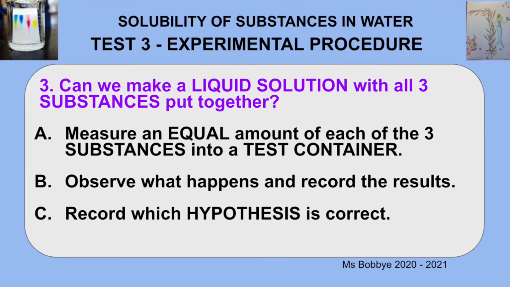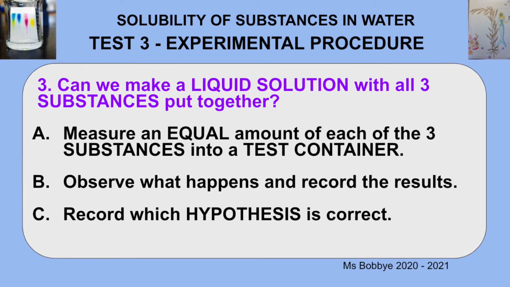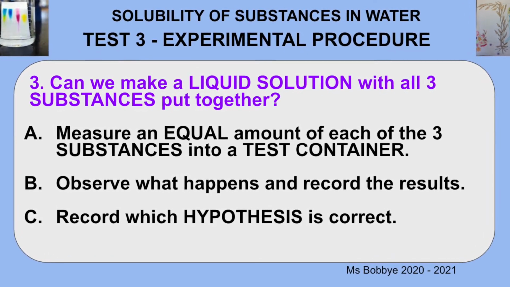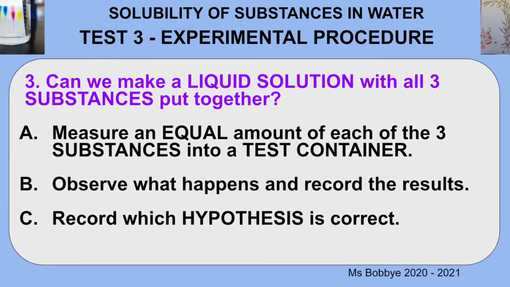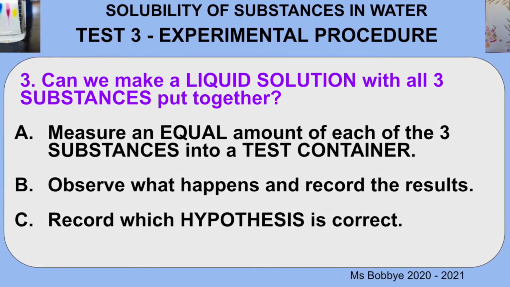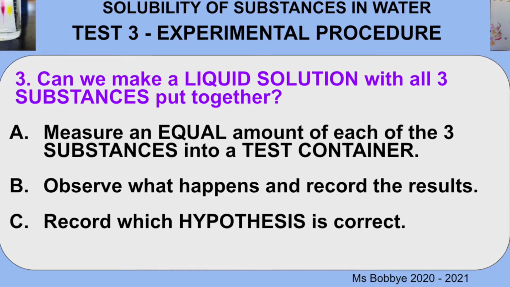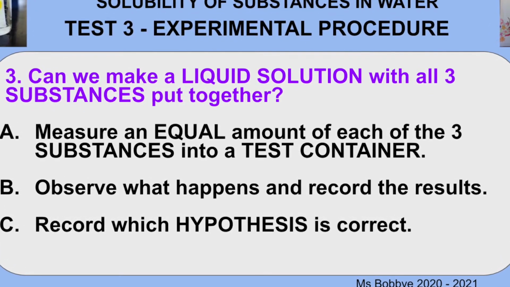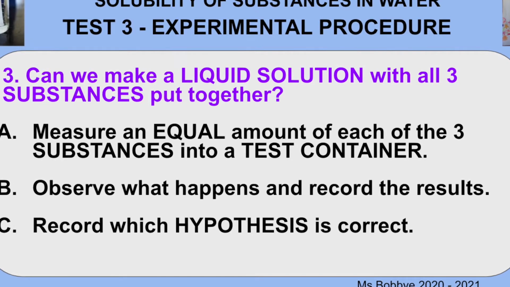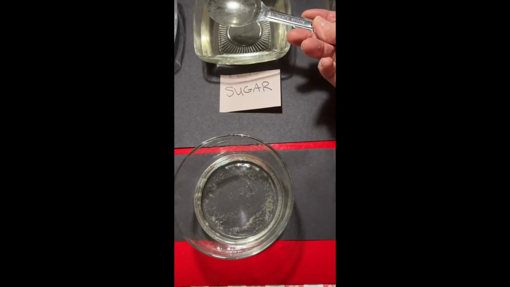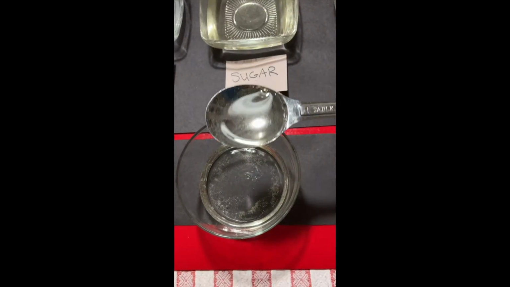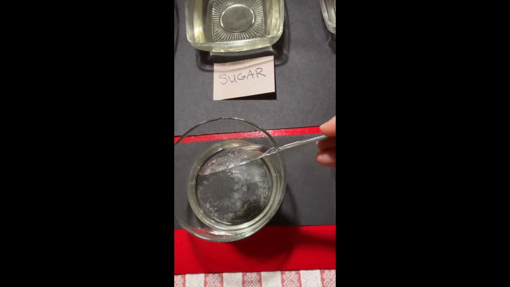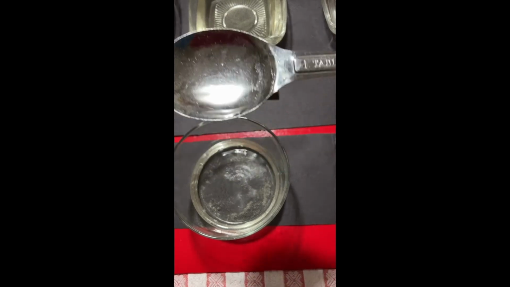To figure out whether or not we can make a liquid solution with all three substances put together, we're going to measure an equal amount of each of the three substances into a container. We're going to add water and then observe what happens and record the results. Then we'll figure out which hypothesis is correct. I measured out 3 tablespoons of each of the substances, then mixed it around.